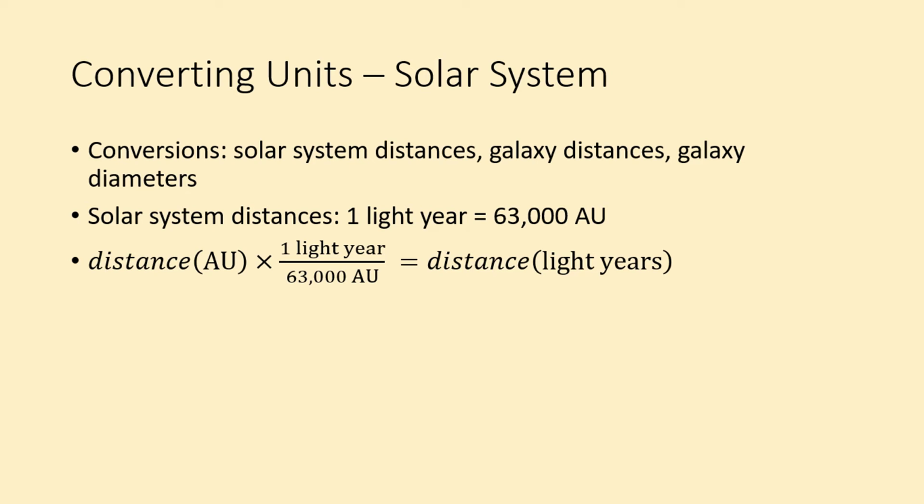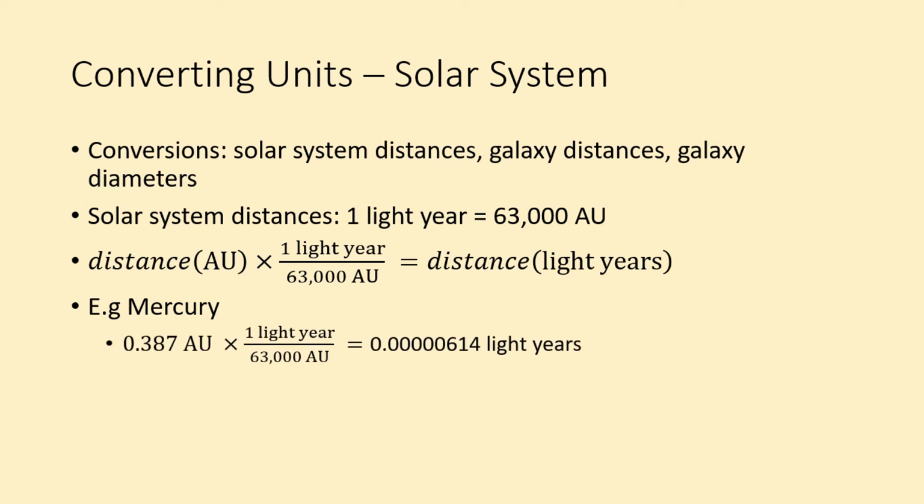So for example, the planet Mercury is 0.387 AU from the Sun. If we put 0.387 AU times 1 light year and divided by 63,000 AU, we get an answer of 0.0000614 light years. That's effectively just a couple of light minutes instead.